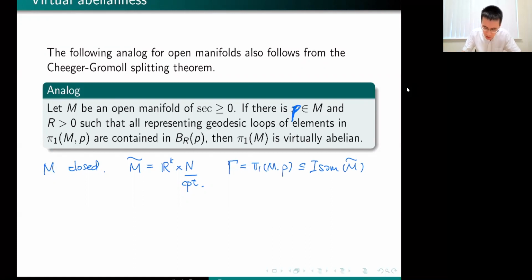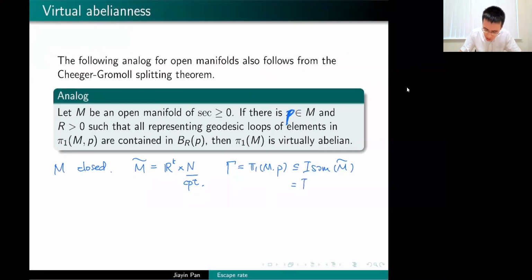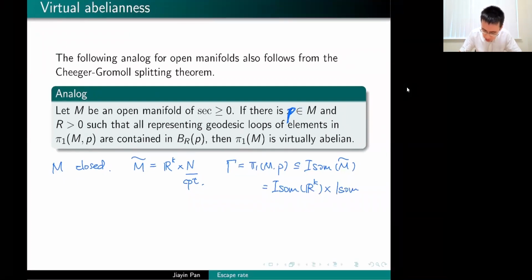And because M tilde has that splitting structure, R^k cross N, its isometry group will split as well. So it'll split as Isom(R^k) cross Isom(N), and the isometry group of N is compact because N is compact.